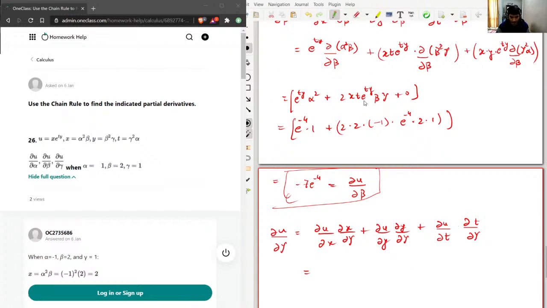So this was e power ty, and this will be: del x over del gamma is alpha square beta, plus x t e power ty, del y over del gamma this was beta square gamma, plus del u over del t, x y e power ty.